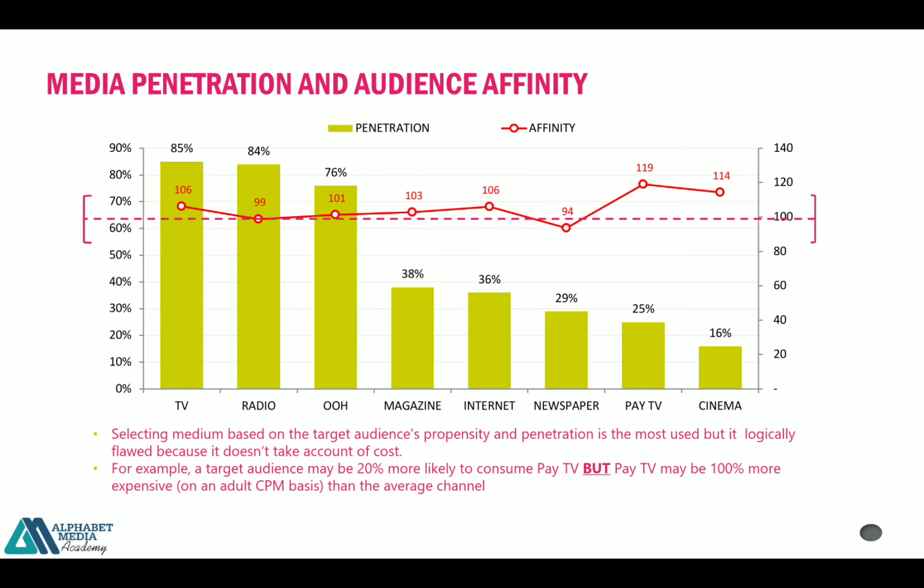So if this was an analysis being done for a particular target audience, then it would be very easy to say, well, as much as TV and radio and outdoor have the top media penetration, pay TV and cinema have the highest affinity for this particular target audience. The affinity being the red line you can see on the chart.